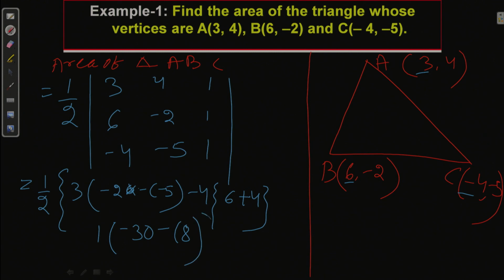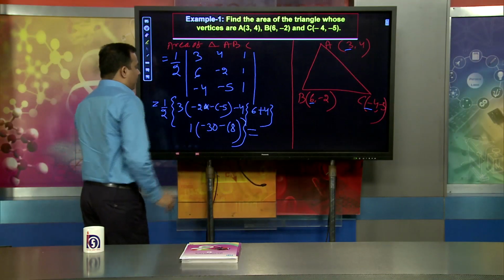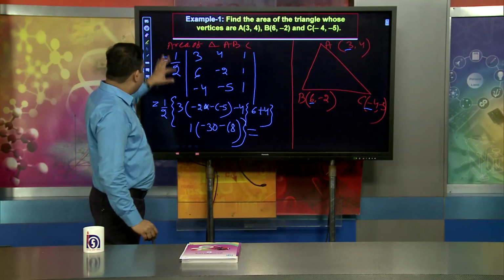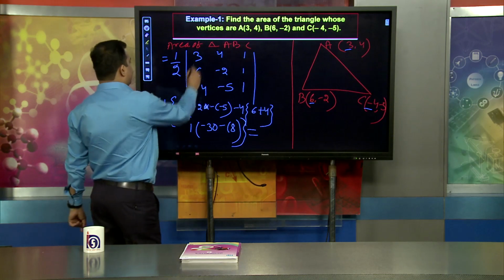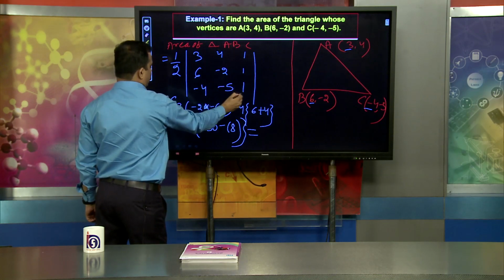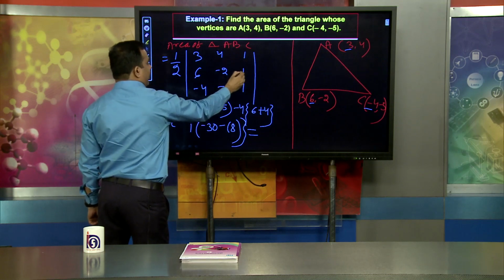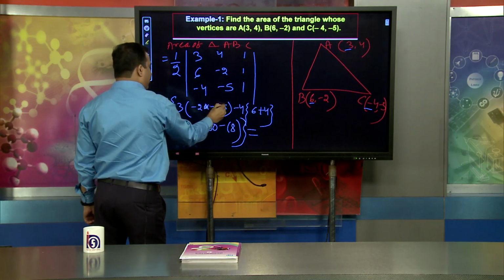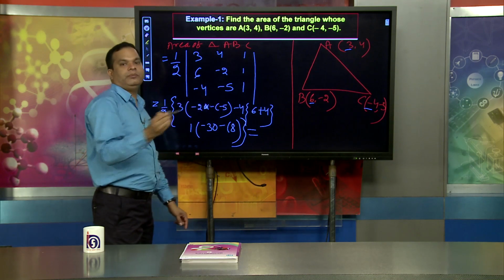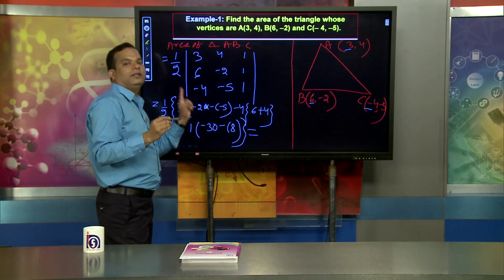When we simplify this, very simply, 3 into minus 2 and minus of minus 5, that will be plus 5, plus 5 minus 2 is 3, 3 into 3 is 9.